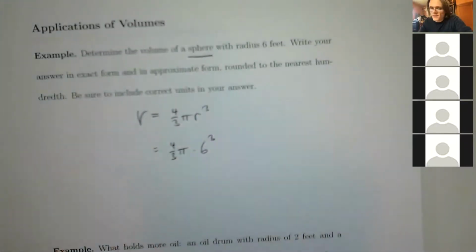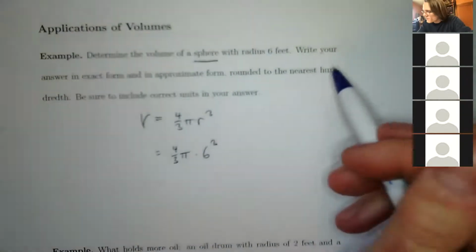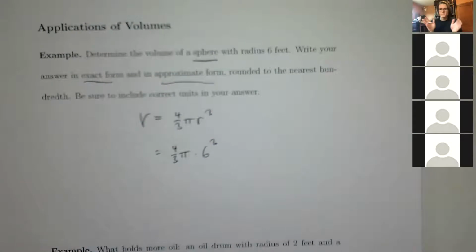I've been kind of hinting at this, but it says write your answer in exact form and approximate form. So the exact form, as I mentioned, is when you leave pi in the answer, because pi never repeats, it's this long infinite decimal. I said you could use 3.14, but when you round, that's an approximation. So the approximate form is when you plug it in your calculator.